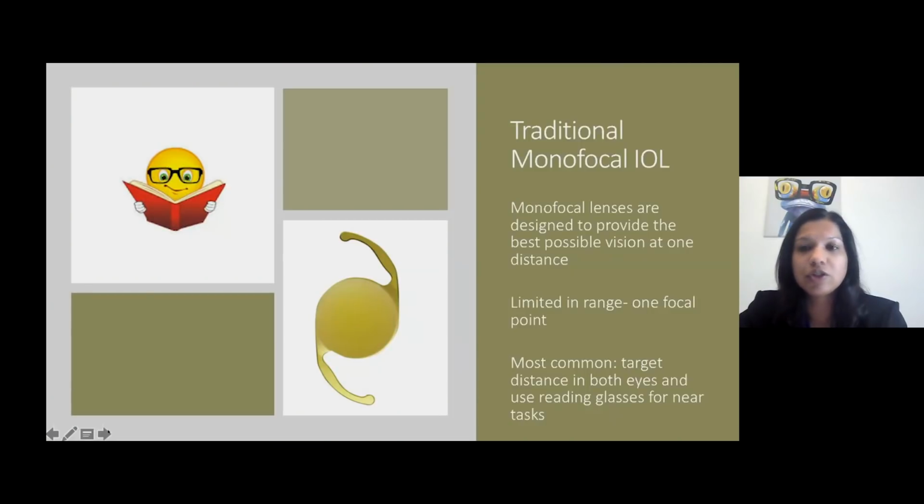So you could target for near, but that would mean, again, because there's only one focal point, that you see well up close without glasses, you can see your phone or read, but then you would have to put them on for driving and watching TV. So that's what's known as a traditional monofocal IOL.